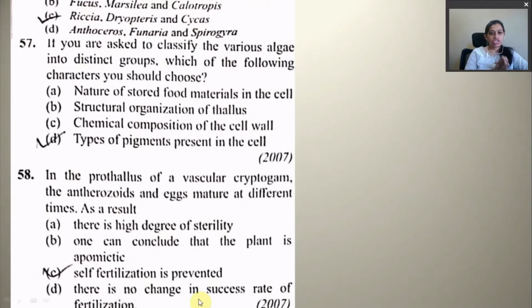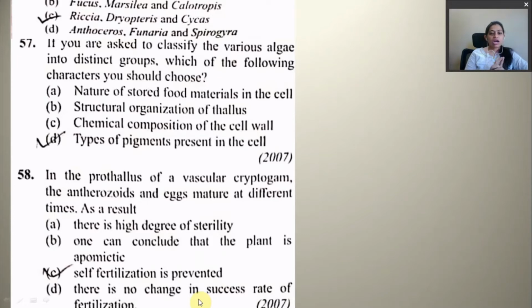Calotropis or Riccia, Pteris and Cycas, and Anthoceros, Funaria and Spirogyra. Okay, so flagellated gametes are present in mainly Riccia, Pteris and Cycas. So just go for the examples which are written in your NCERT book only. Okay, then prepare all those examples and their unique or important characters. So that's why you can easily answer this type of question.